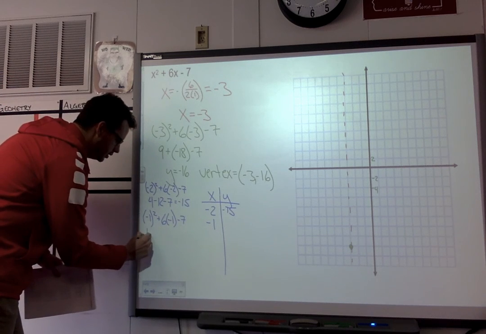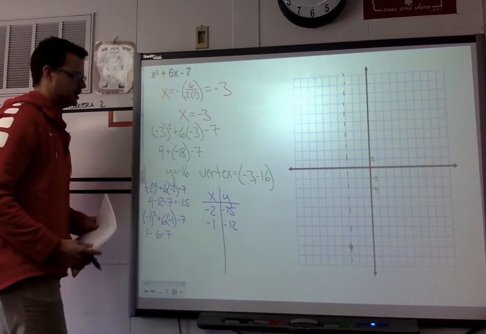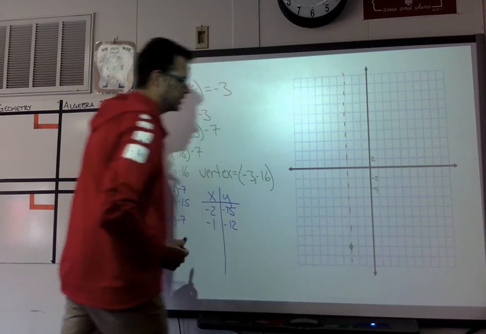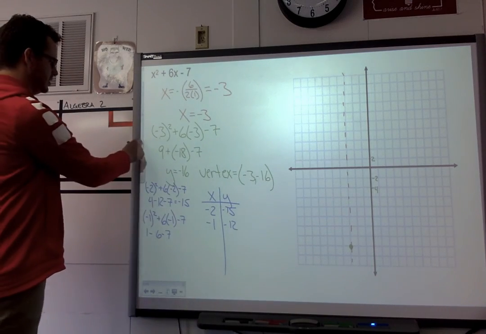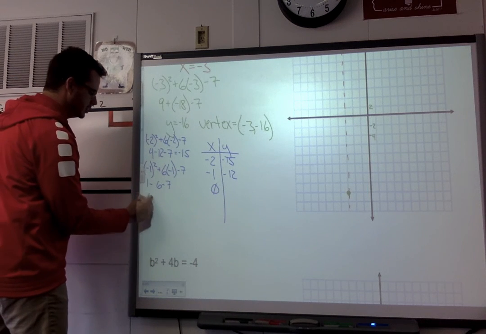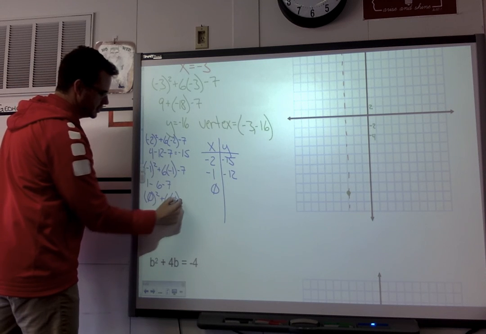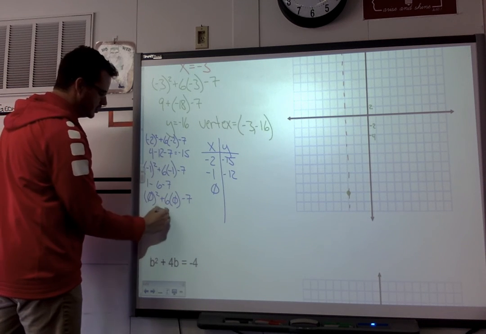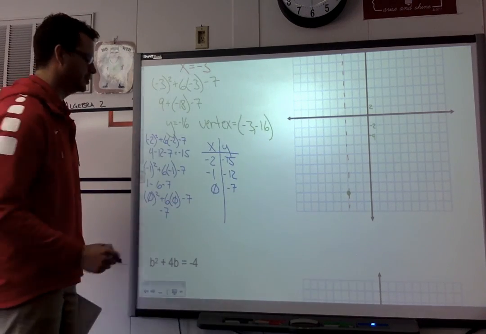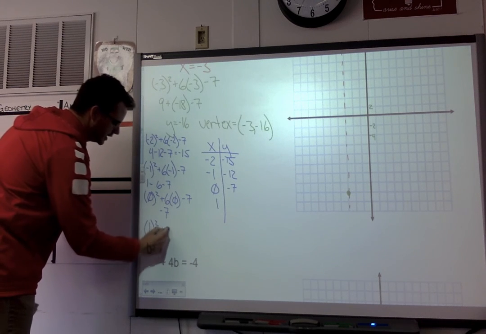That'll give me 1 minus 6 minus 7, which is negative 12. So I haven't gotten to the point that my graph is crossing my x-axis yet. So I need to do another one. If I plug in 0, 0 squared plus 6 times 0 minus 7 would give me negative 7. So I'm getting closer to that 0 value for y, but I'm still not quite there. So I need to keep going.